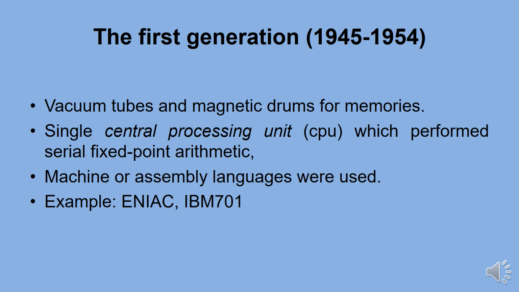There was a single CPU for performing serial fixed point arithmetic. Machine or assembly languages using punched cards were being used for programming. Example, ENIAC and IBM 701.